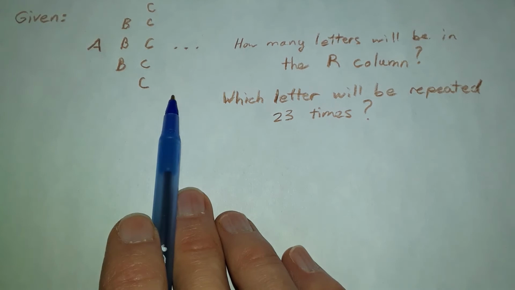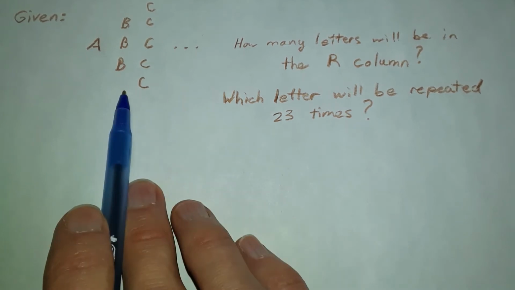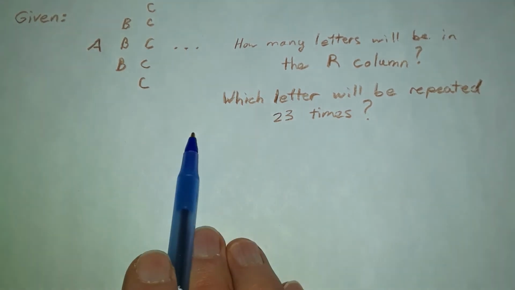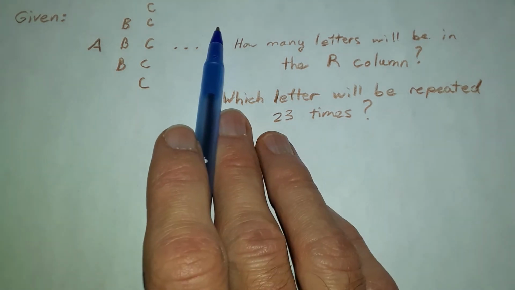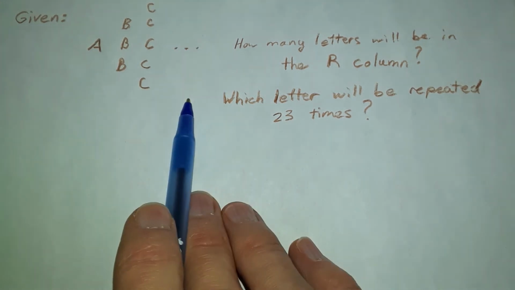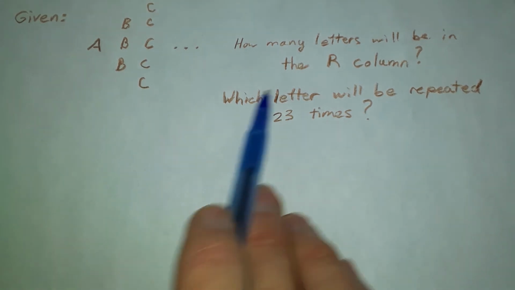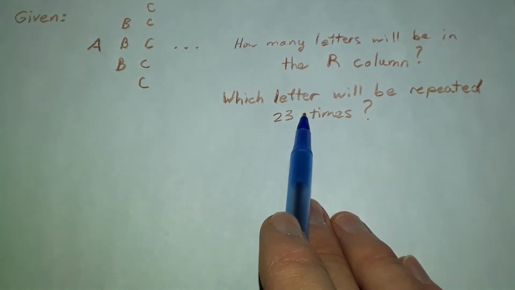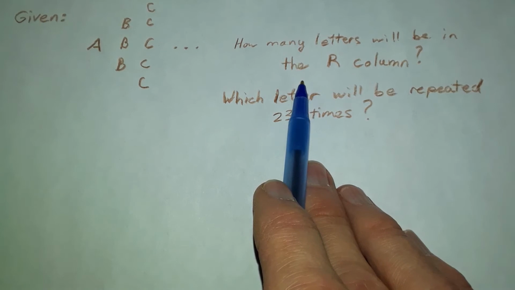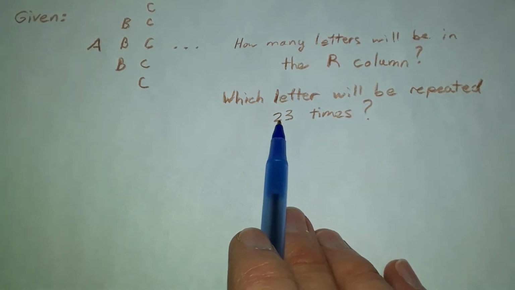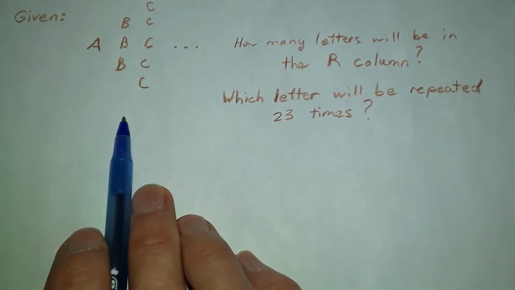So at some point, there's the assumption that we will eventually have a column with 23 letters. Which letter represents the column that has 23 repetitions of that letter? So these are two questions here, slightly different approaches to answer each of these. But first of all, we want to establish the pattern.